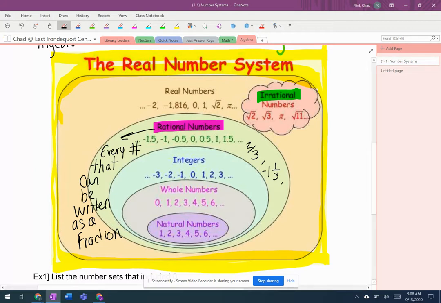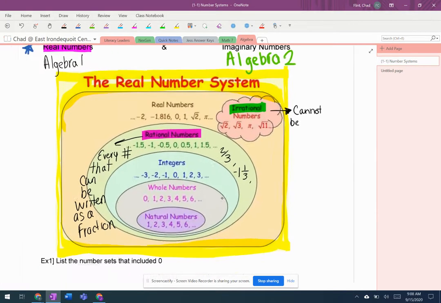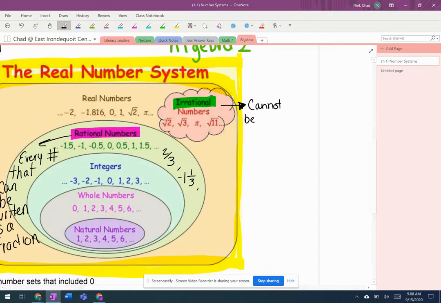On the flip side of that, irrationals are numbers that cannot be written as fractions.